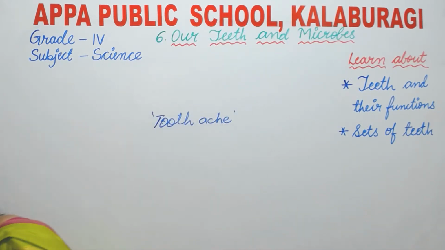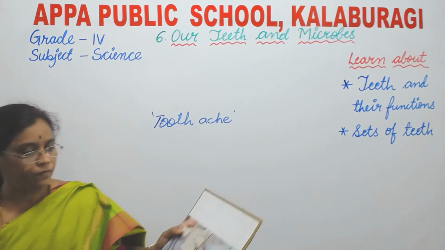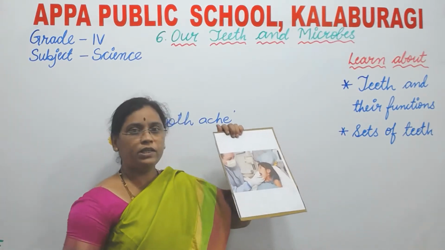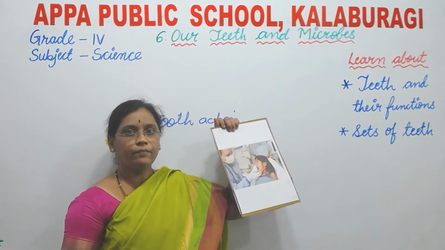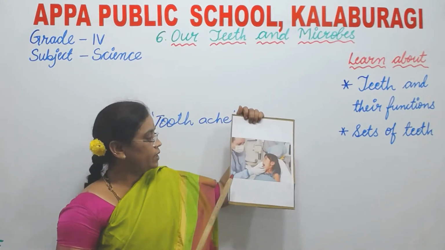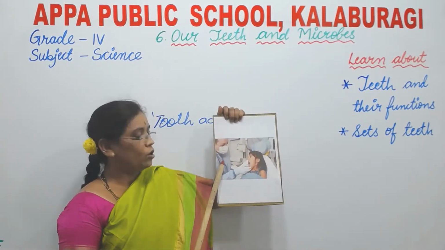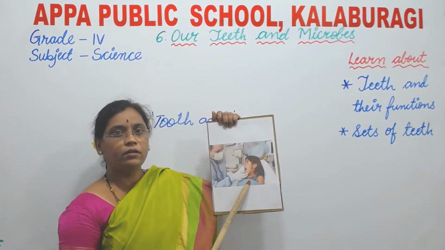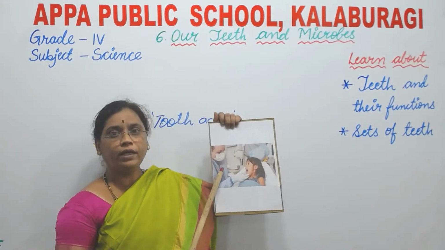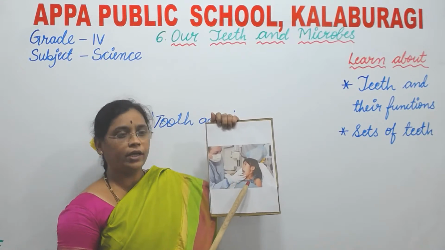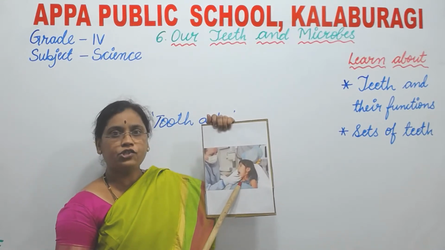Look at the picture here. What can you see here? In this picture, you can see the doctor and the patient. What is the doctor doing over here? He is checking the teeth of this child.